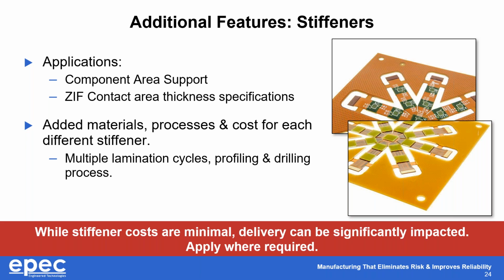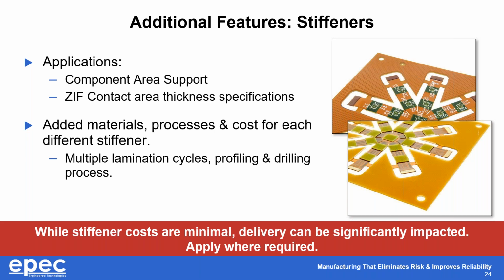Each stiffener thickness, each stiffener material is going to add process steps and costs, and can, in some cases, result in many additional lamination cycles and profiling and drilling processes to create the individual stiffeners. As an example, if you have 4 different stiffeners of different thicknesses and different materials, you're going to be looking at 4 different lamination cycles, which is a significant process step.